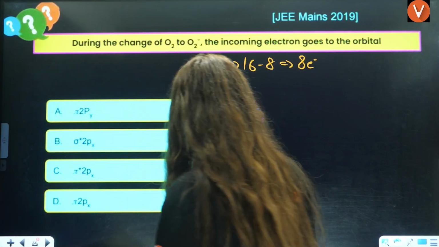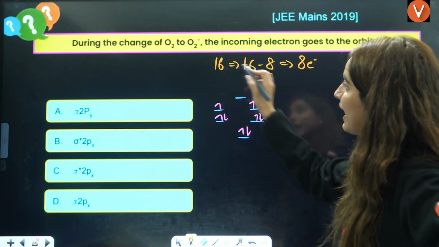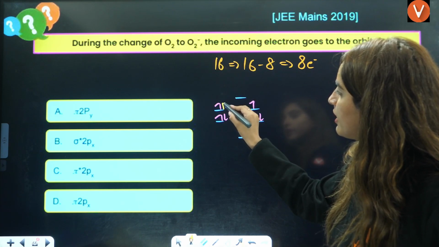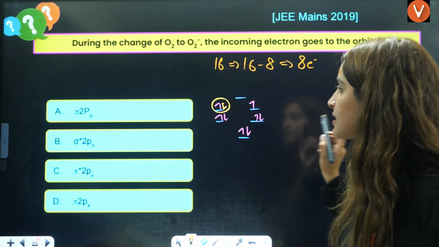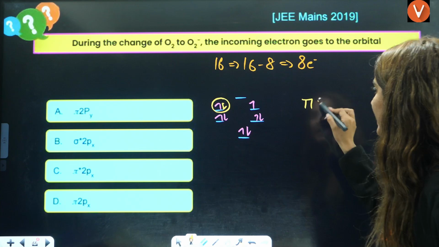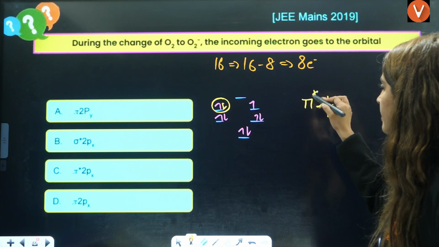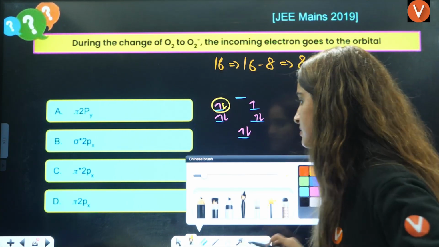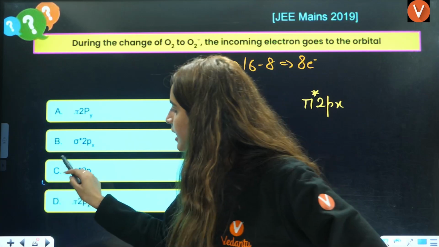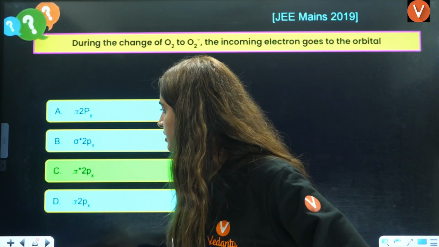Now, incoming electron, that means when you gain 1 electron here, that will be filled in this particular case, that is nothing but pi 2px antibonding, right? So answer is going to be C is the correct answer, right?